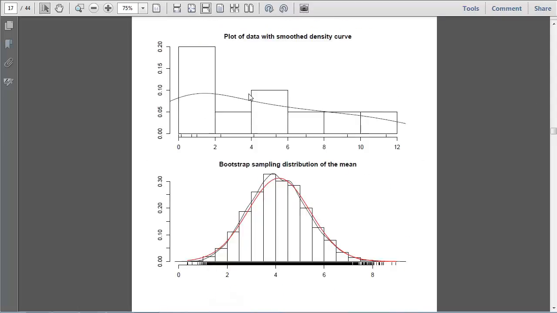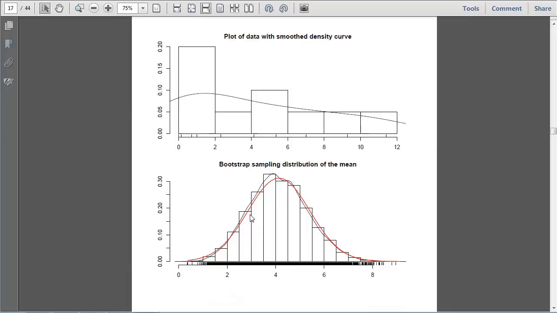And the function produces these two plots. On the top, it's a picture of the original sample. So there's 10 observations here. There's 10 little tick marks, the rug, just sticking up out of the axis down here. From there, we've got a histogram with the boxes and then a smooth density curve. And you can see this is a bit right skewed.